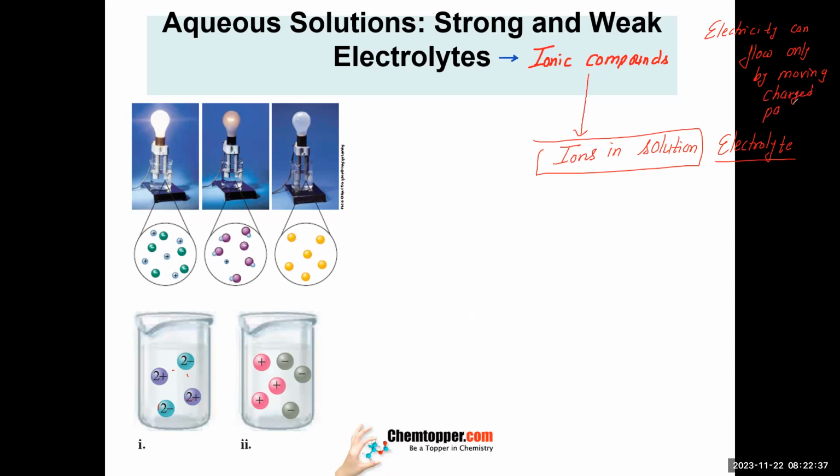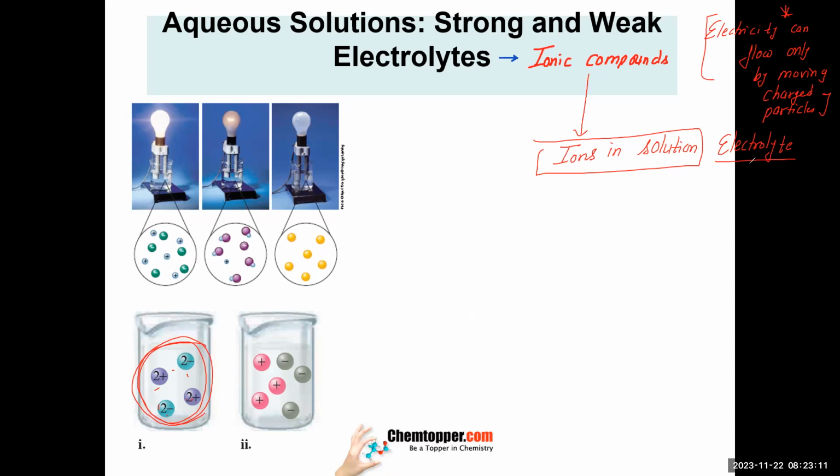Please write it down if you don't remember. We did this in metals: metals are good conductors of electricity because they have free electrons moving in them. So now, do we have these charged particles moving here? Yes, they are moving. So they are electrolytes. They can conduct electricity.